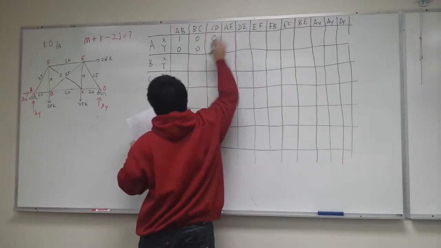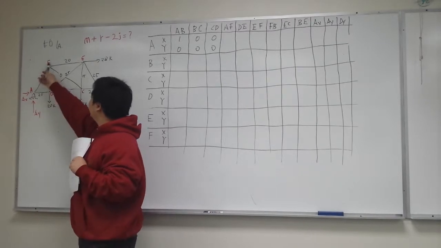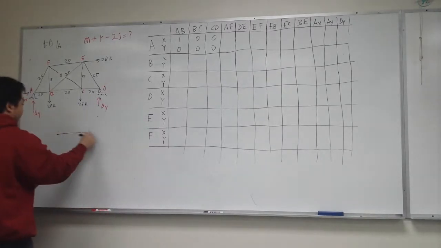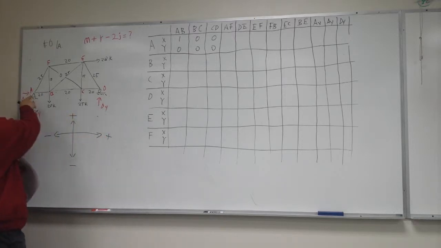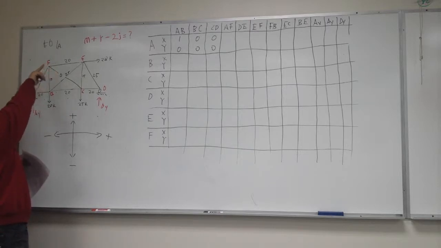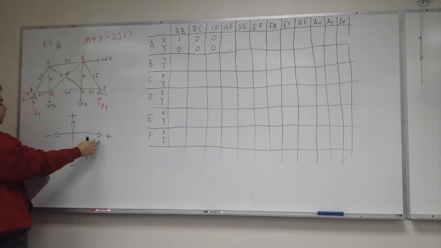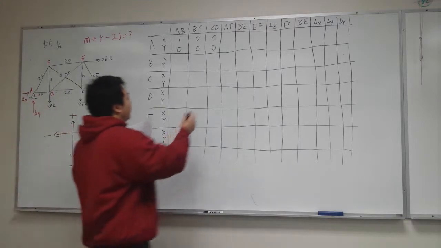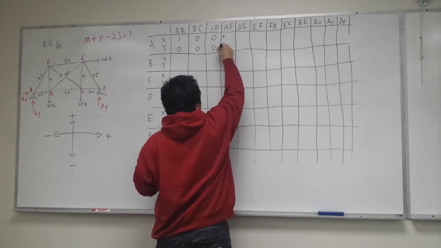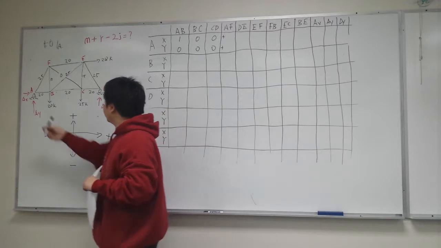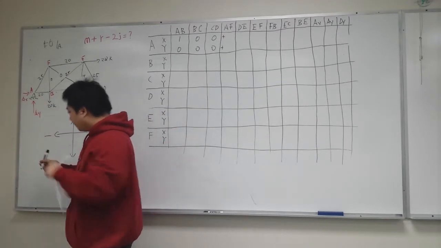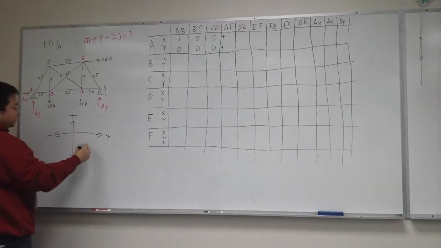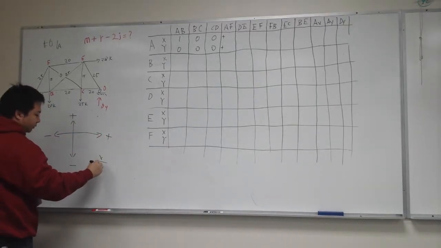For point A, there's no A letters in the other members, so it's 0, 0. AF is here to here, so I assume going this way is positive, negative, negative, positive. If AF is going that way, when you convert to the X and Y components, it's going to be positive and positive. The ratio is always some number over some number.